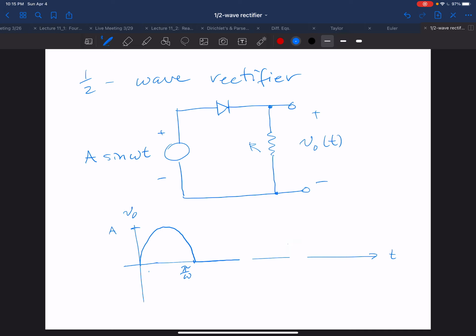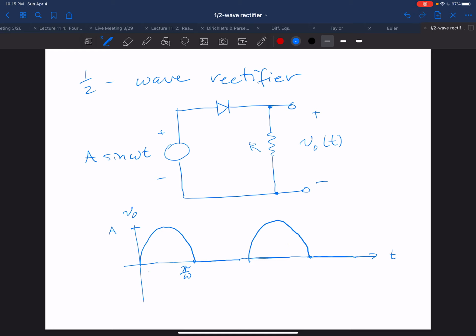So in this way, our sinusoid becomes unipolar, if you like, and the voltage at the output is non-negative. So this is one step in converting our alternating voltage into a DC voltage.